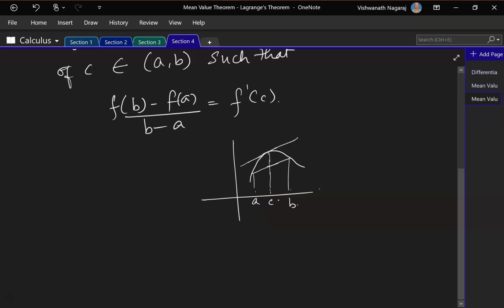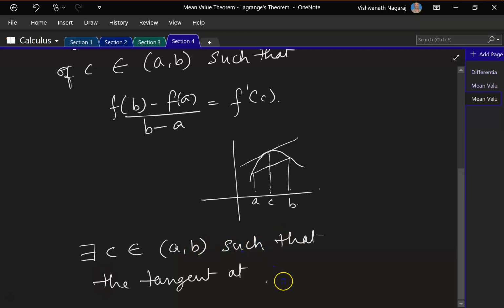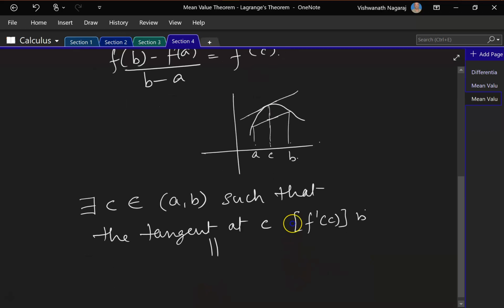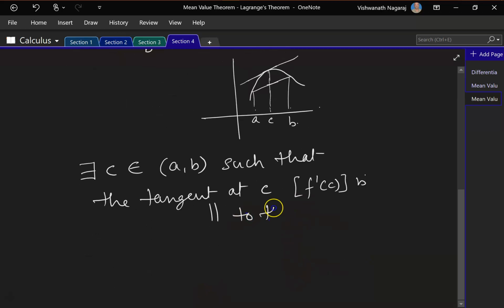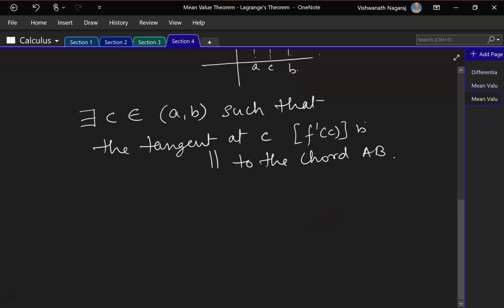In other words, there exists a c belonging to (a, b) such that the tangent at c, which is nothing but f prime of c, is parallel to the chord. Let's say this is a and this is b.